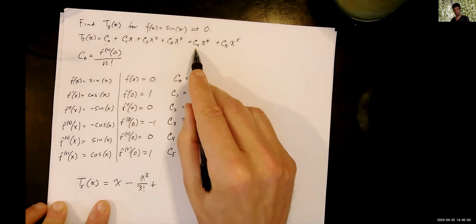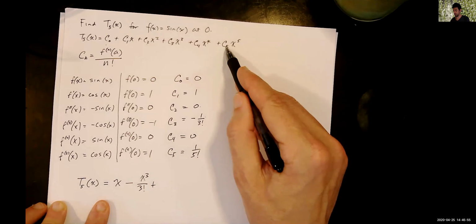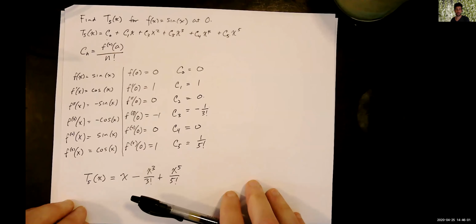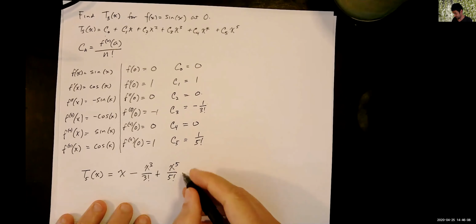I don't have a C4 term, or I do at 0, so that's gone. And then I get an x to the 5th times C5, so I get x to the 5th over 5 factorial, okay? So there's our 5th degree polynomial approximating sine.